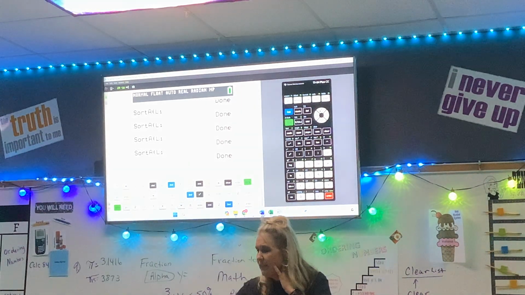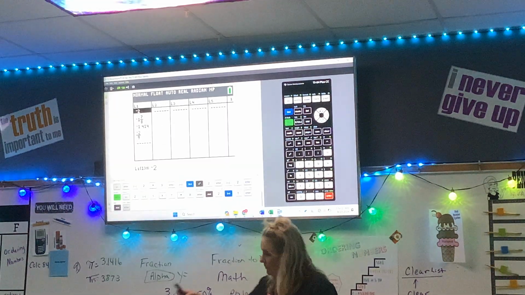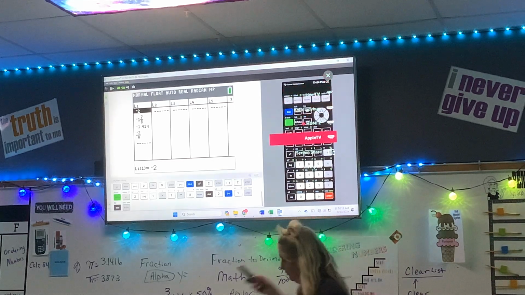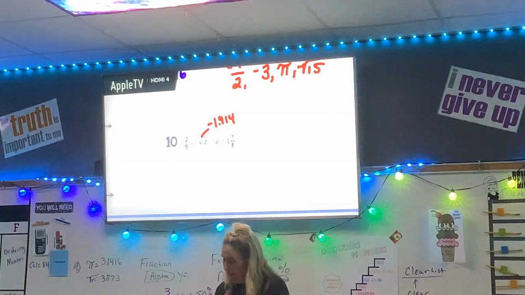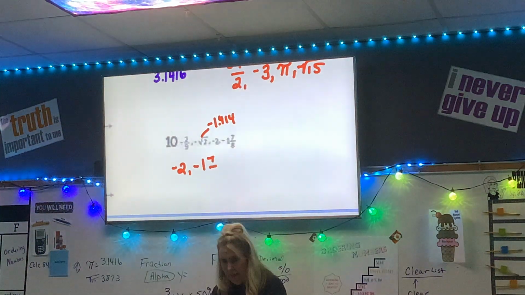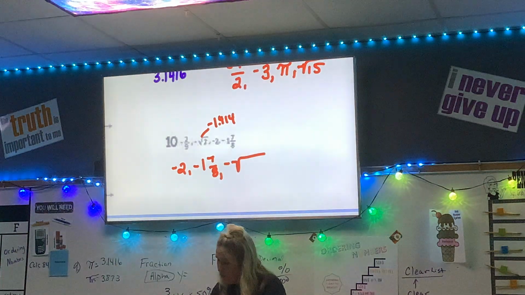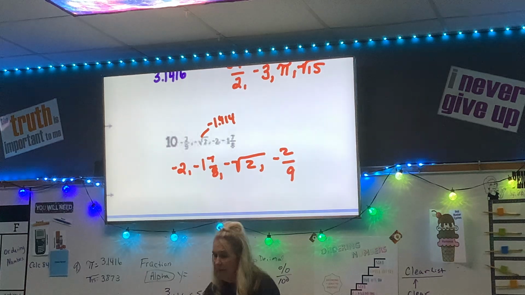And hit stat, enter. It changed. So now I write -2, -1 7/8. That would be my negative square root of 2 and -2/9.